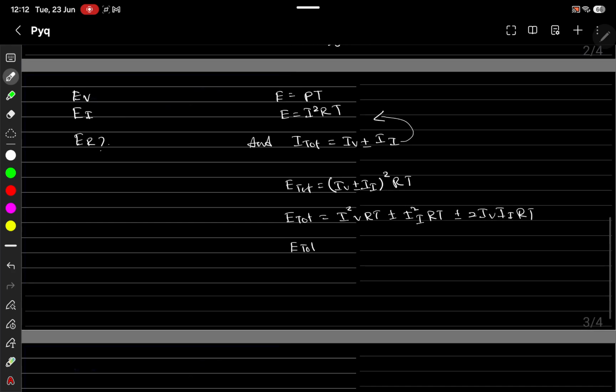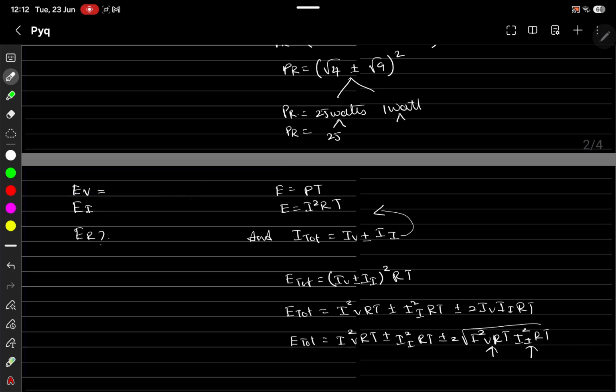So E total is equal to IV² RT plus or minus II² RT plus or minus 2 times IV² RT into II² RT under root. Since we know the values of both of these, we can easily substitute.